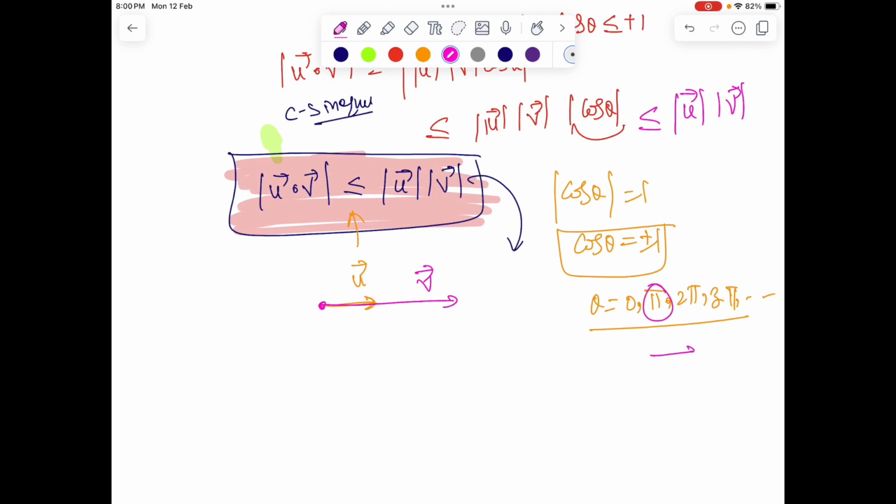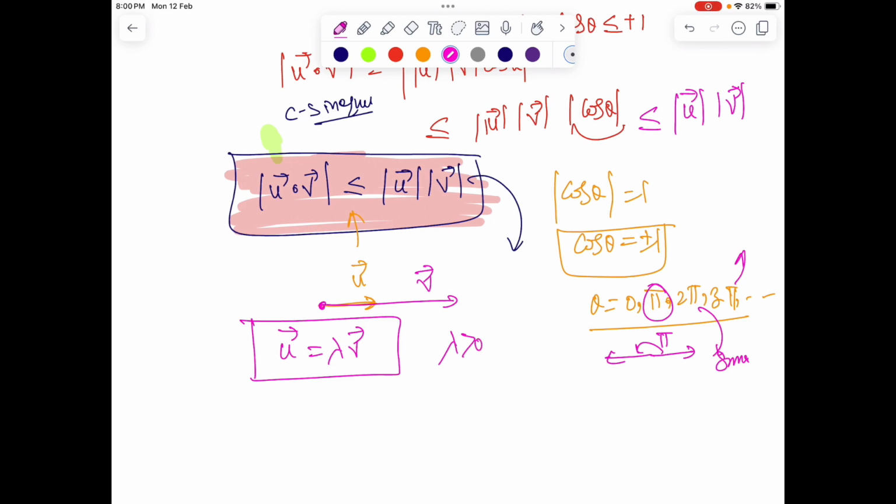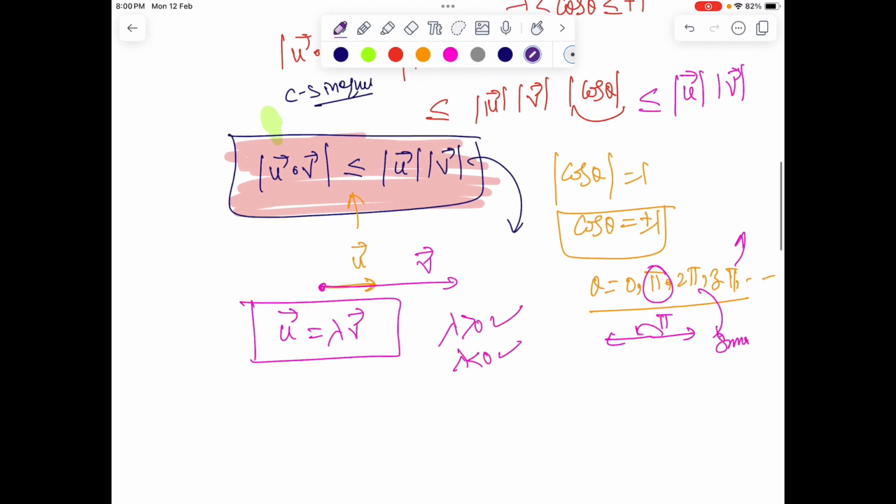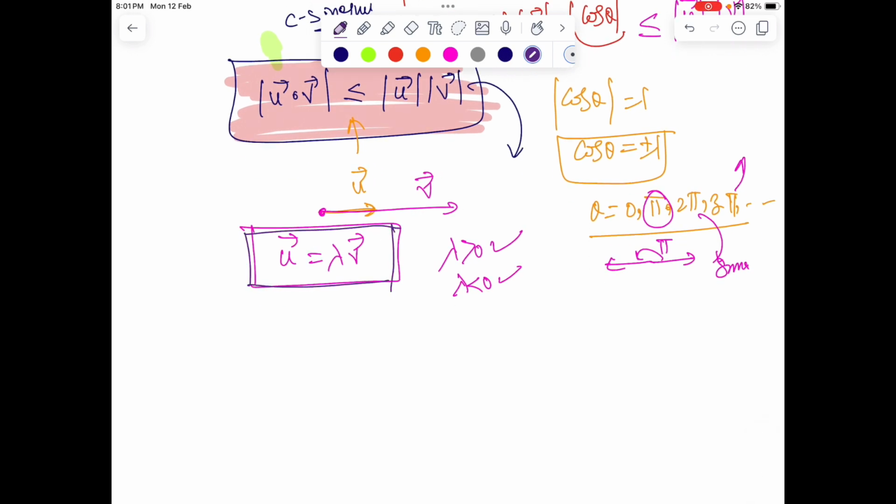If it is pi, they are in opposite directions. If it is 2 pi, again the same direction; 3 pi, opposite directions. If they are in the same direction, I can write u is lambda times v. If they are in opposite directions, still u is lambda times v, but lambda is positive for the same direction and negative for the opposite direction. Hence for the equality case of Cauchy-Schwarz inequality, we must have u equals lambda times v.